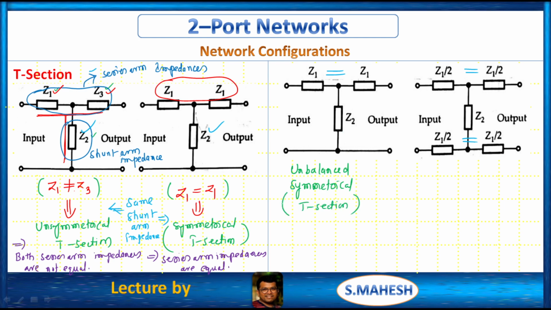Sir, why is it unbalanced symmetrical T section? Why is it unbalanced? Because in the upper arm we have Z1, but in the lower arm we don't have any Z1, right? Like that, on this side also, in the upper arm we have Z1, but in the lower arm we don't have any impedance. That's why this is unbalanced symmetrical T section.